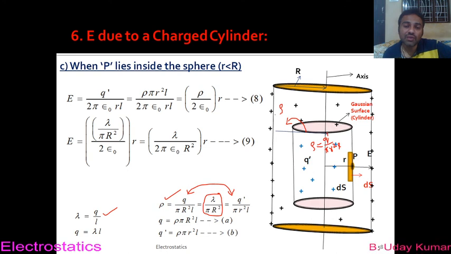So that means the rho for charged cylinder and rho for Gaussian cylinder will be same, because the Gaussian cylinder is part of the charged cylinder. They will have same densities, right?